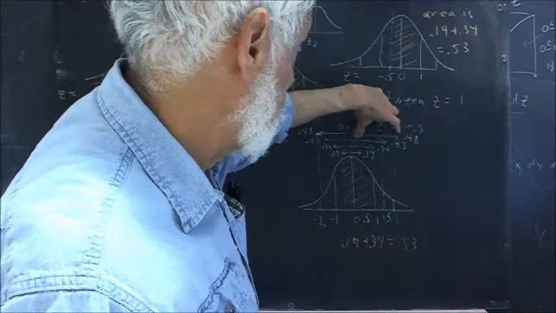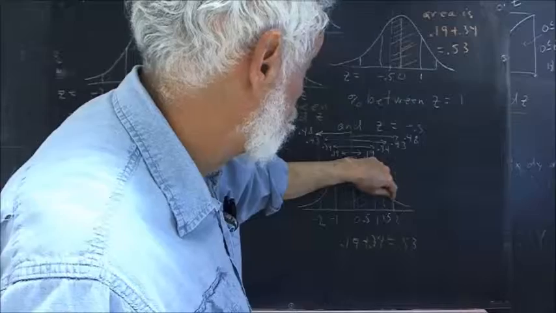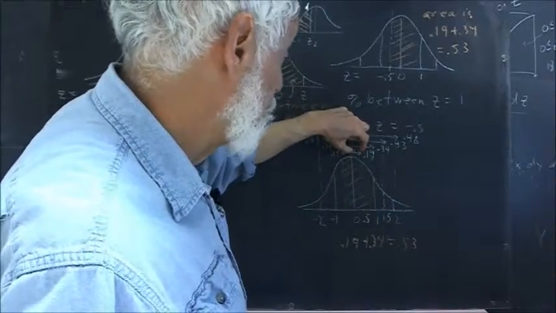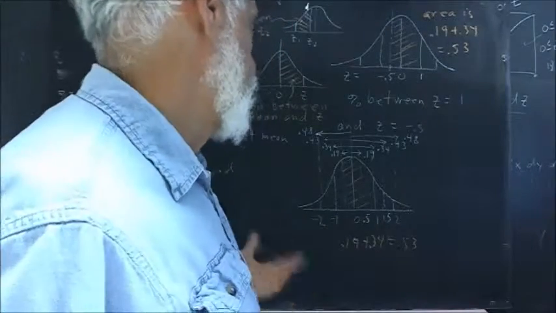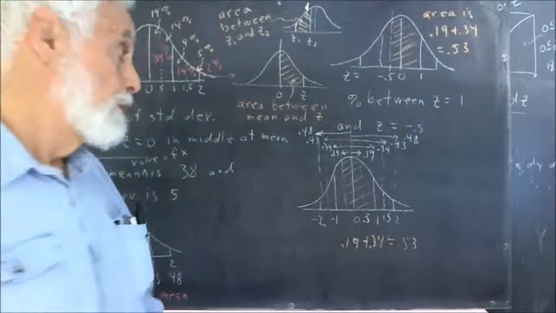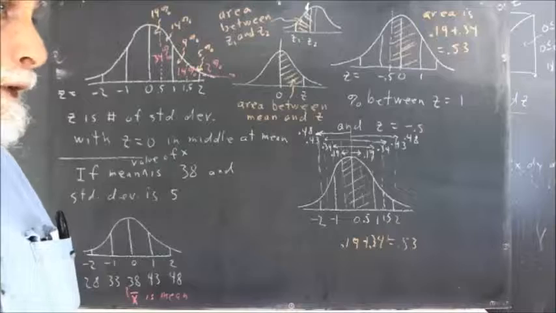So what we can do is subtract the area between 0 and 2, and from that subtract the 0.19 that we're not including in the region between 0.5 and 2, and we would get 0.48 minus 0.19, which would be 0.29. We'll look at that a little further in a minute.